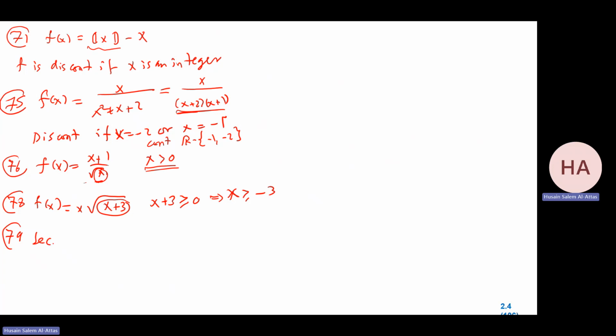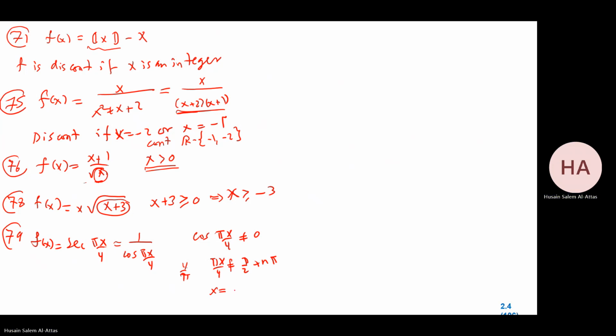79. Secant of pi x over 4, which is 1 over cosine of pi x over 4. So I need to avoid cosine of pi x over 4 equal to 0. That will happen if pi x over 4 equal pi over 2 plus n pi. Multiply by 4 over pi, you get what? x will be equal what? 2 plus 4n.